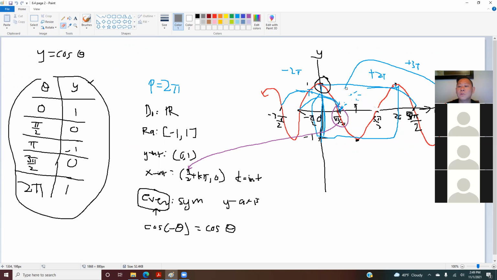If you want to draw your secant graph, the first thing you need to do is draw the cosine graph first. So we're going to talk about this one: y equals secant theta.